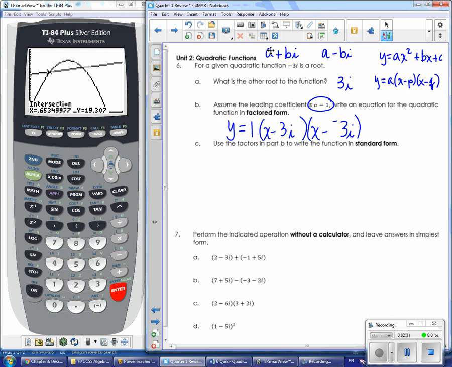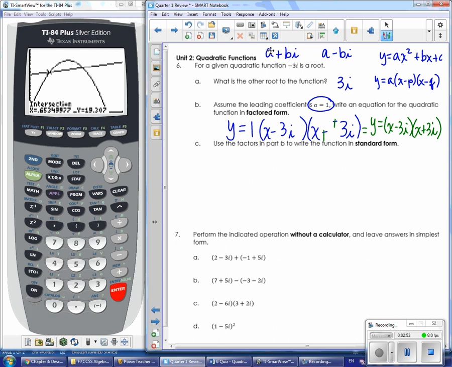But what happens when you subtract a negative number? This ultimately becomes a plus. So if you simplify this expression, y is equal to x minus 3i times the quantity x plus 3i. And that's all you would have to write in this section. So this is your equation in factored form.